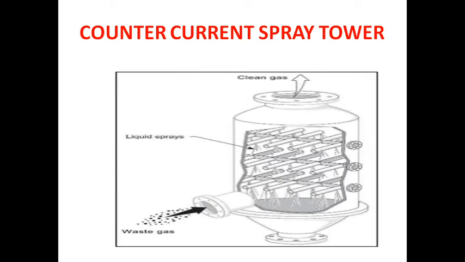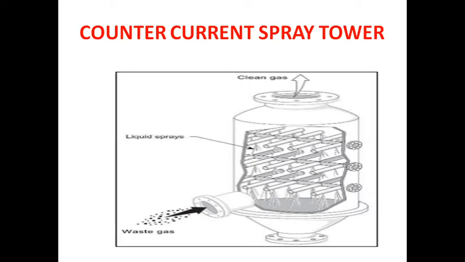What is a spray tower? Spray tower is a gas liquid contactor used to achieve mass and heat transfer between a continuous gas phase and a dispersed liquid phase. Are you clear? Okay.